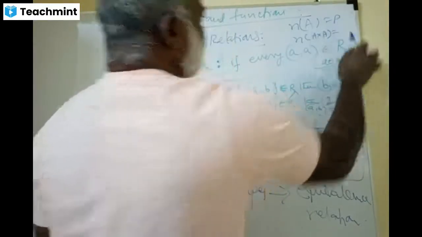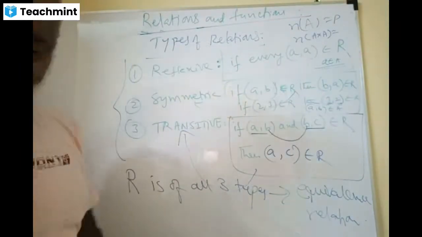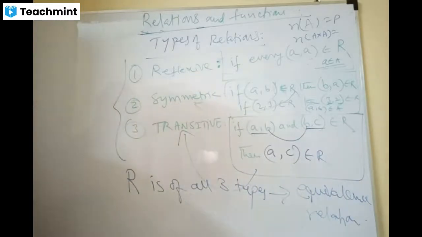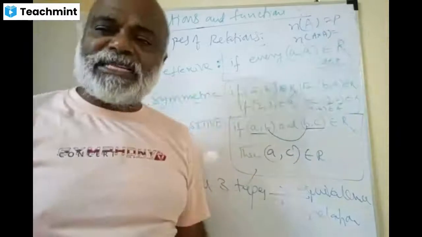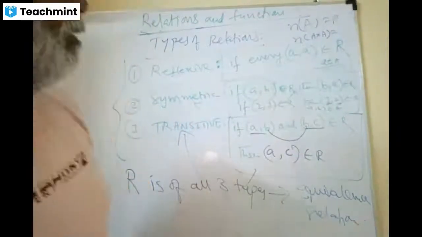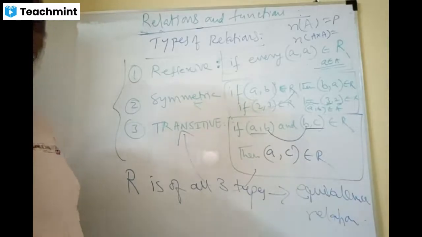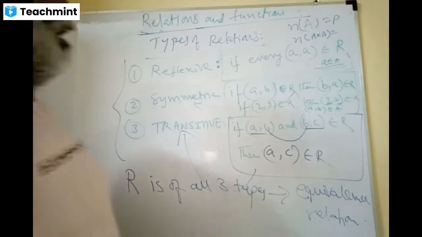Dharanya, please tell me. N of A has got p elements. How many elements does A cross A have? Yes, Bhavishna? P square, sir. Brilliant.